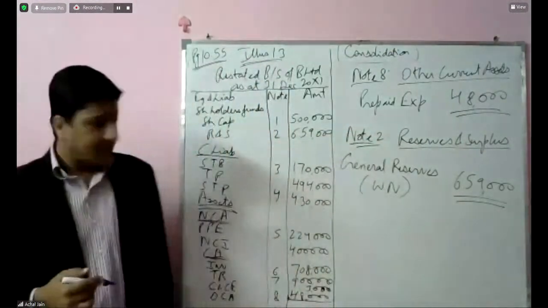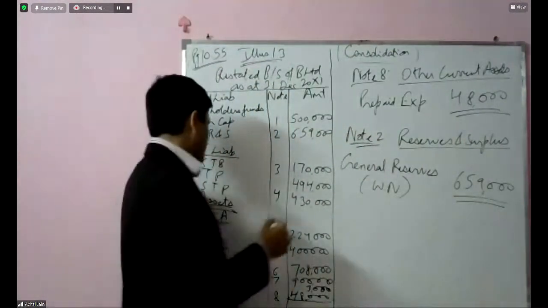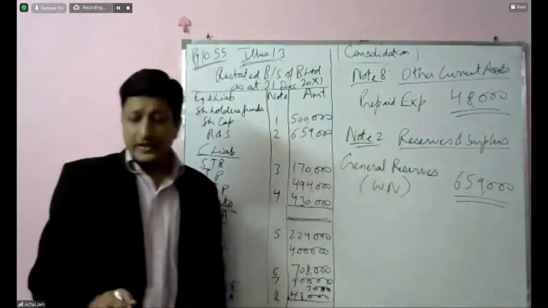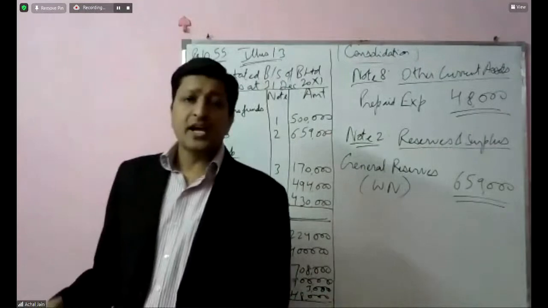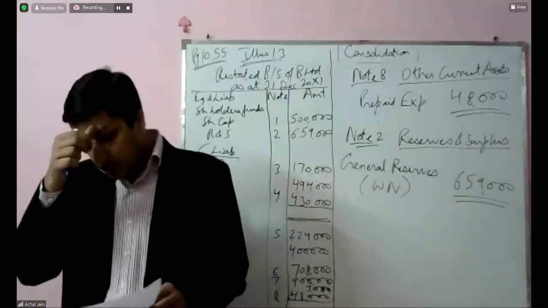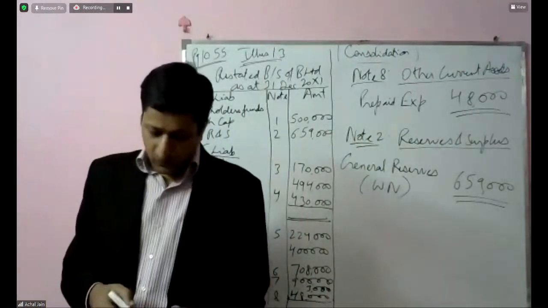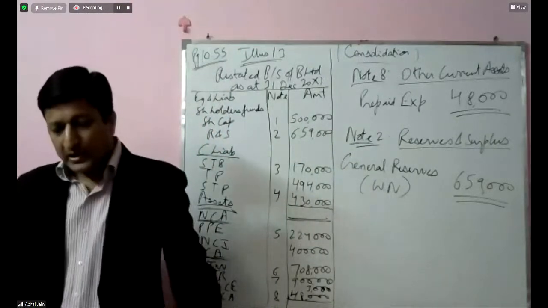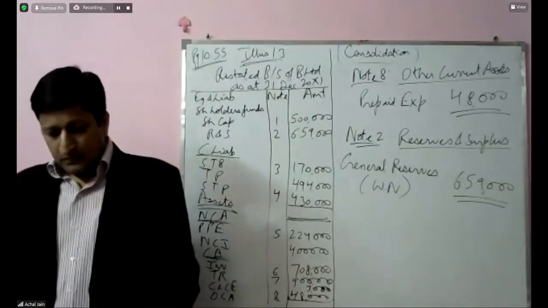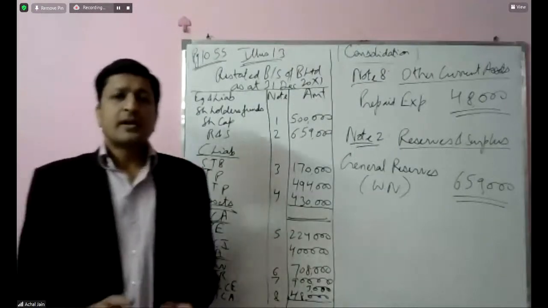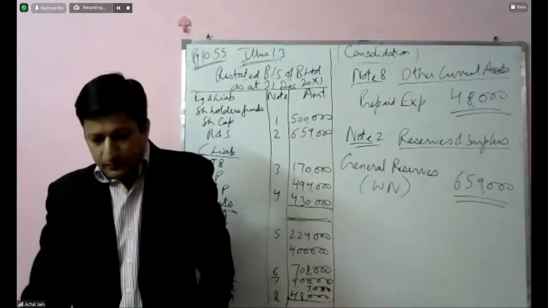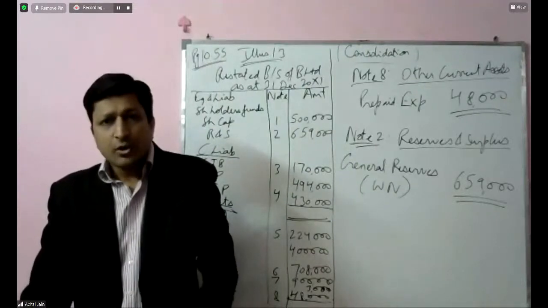Now you can start taking the total of these. And you can now tell me whether the two sides of the balance sheet match or not. Whether the assets are matching with liabilities or not. Quickly. Give me the totals, please. Quickly. I'm waiting for a response. Whether they are matching or not.